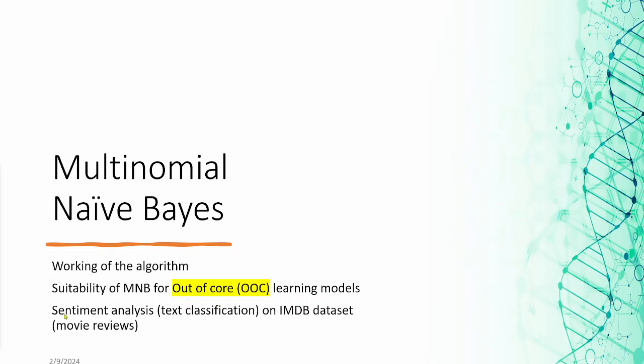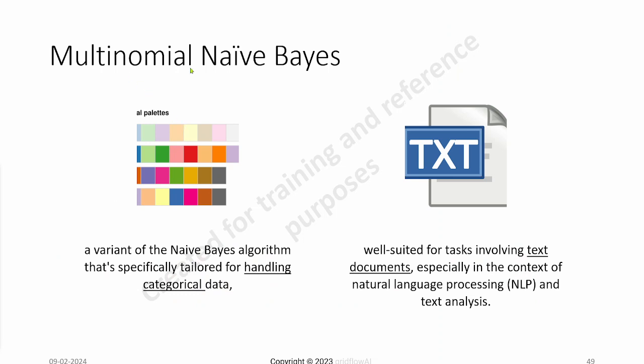And in order to demonstrate that, I will be using sentiment analysis as a use case using the IMDb dataset, which is essentially movie reviews. So what is multinomial Naive Bayes? It's a variant of the Naive Bayes algorithm and is particularly well suited for data which are categorical in nature.